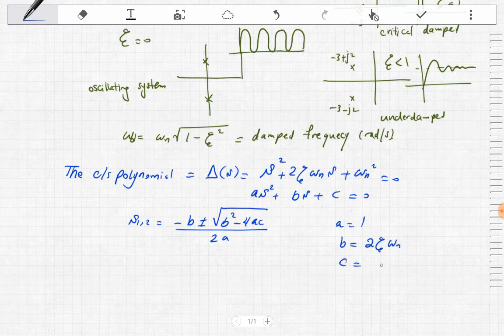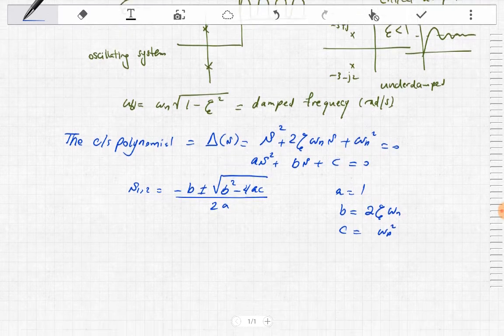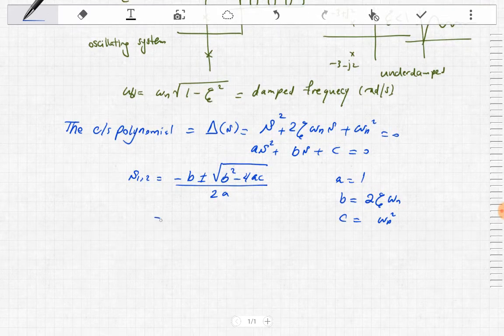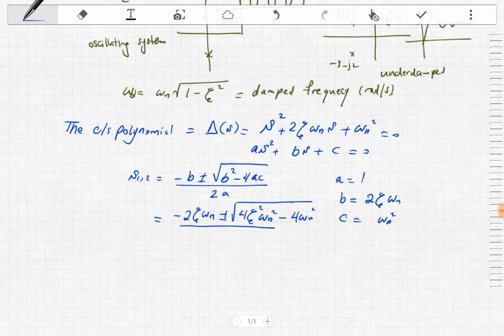What's c? Omega n square. So the roots: minus b will be minus 2 eta omega n, plus or minus the square root of b square, that will be 4 eta square omega n square, minus 4ac, where a is 1 and c is omega n square, and all divided by 2a. A is equal to 1, so divided by 2.